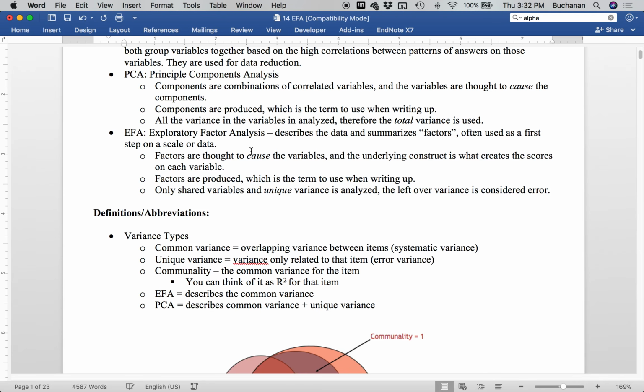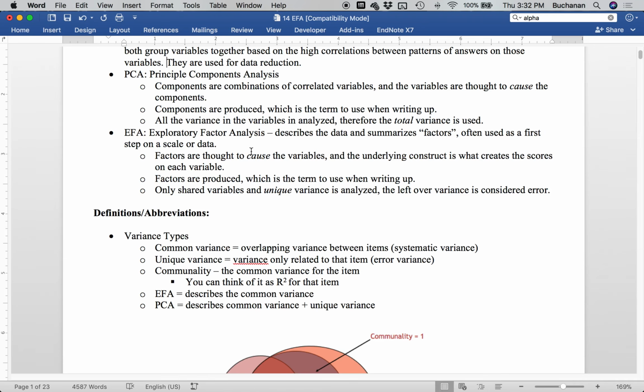That would be EFA. If somehow the answers that we see built up the overall score, that would be PCA. So I've seen PCA used in maybe eye tracking data or EEG data, where we're looking at the pattern of the data and we think that all together builds a picture of what the participant was doing.